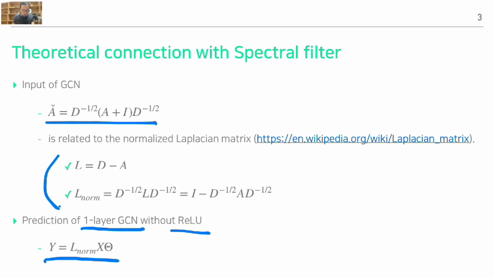From the initial feature, we multiply by the normalized L, and we multiply by the trainable variable matrix, and we get the prediction.